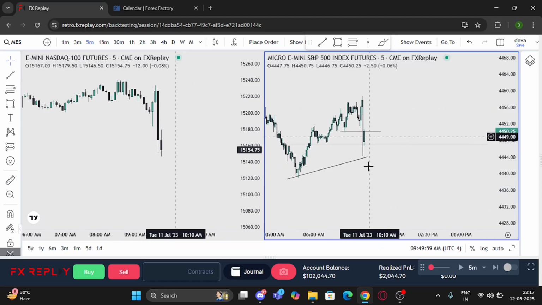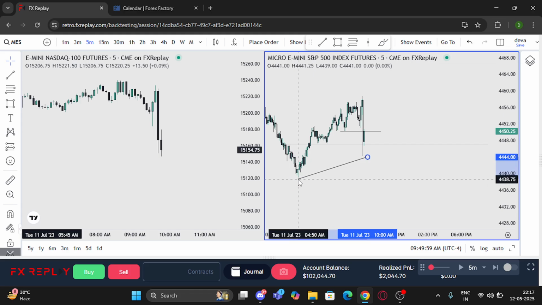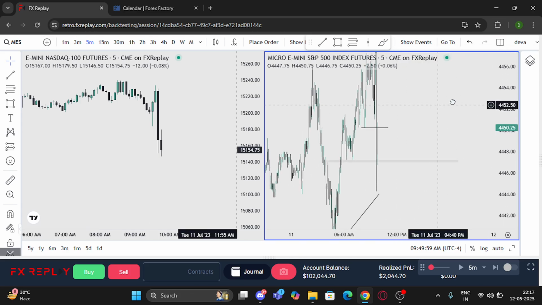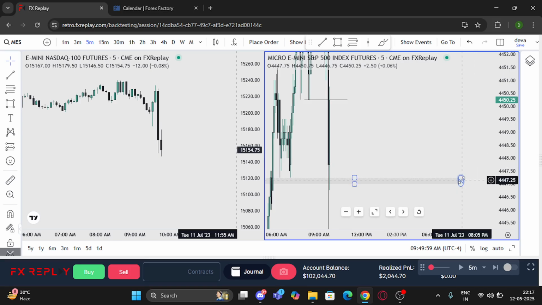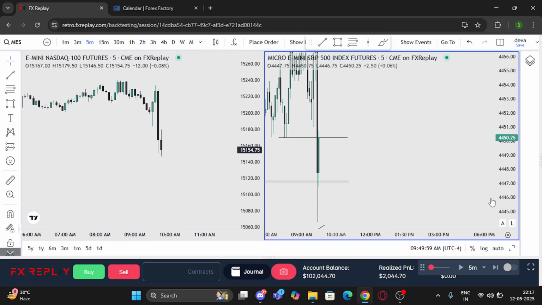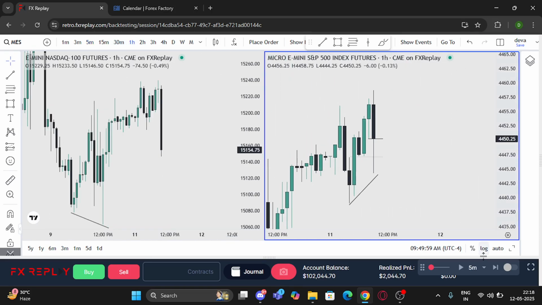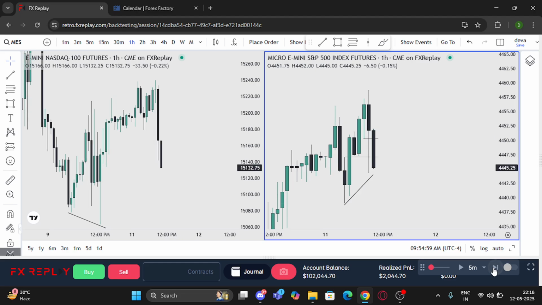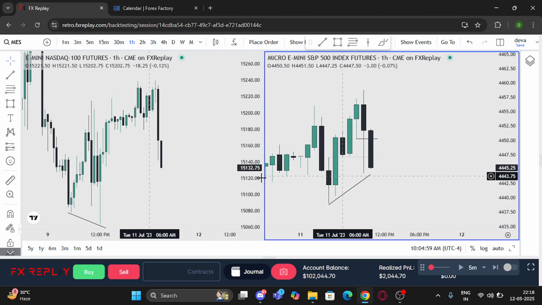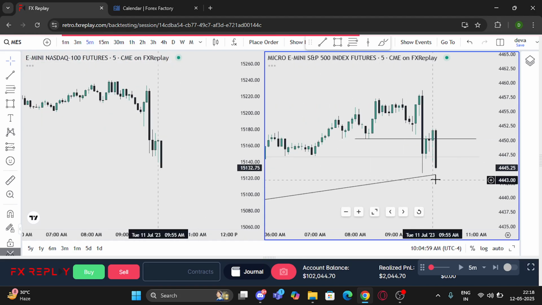Alright, so, let me just wait for this candle closure. That's what I've got. Okay, so it just opened up. The 10 a.m. just opened up, dropping lower.